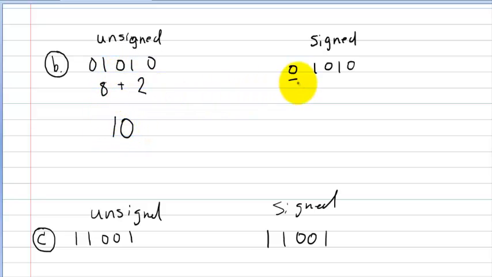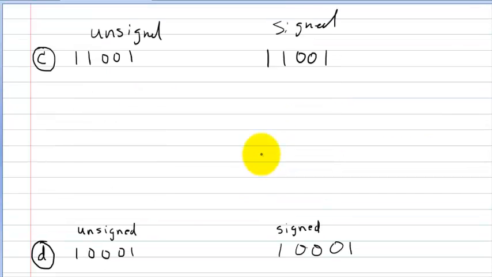Unsigned is equal to 10. Now trying it as signed, we look at the first value. Since it tells you that it's positive, you don't have to use 2's complement or convert it. You can just consider it exactly the same as the unsigned version. So this is 10. We don't have to do any conversions. Now let's go on to C.